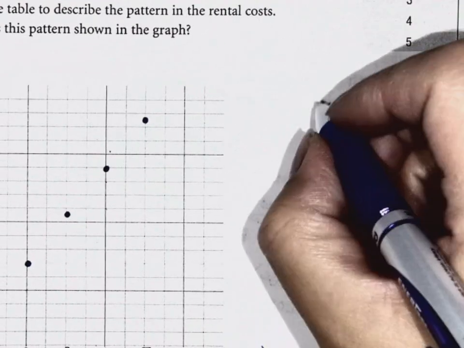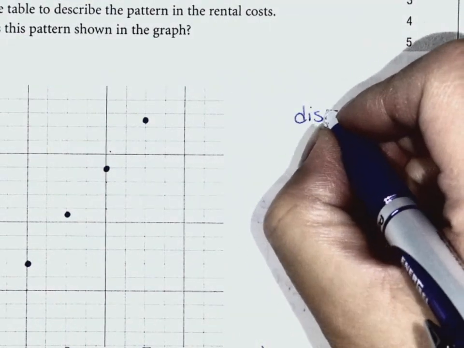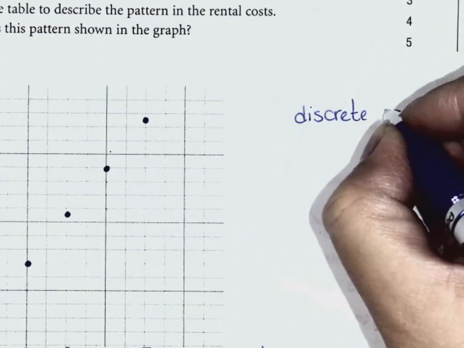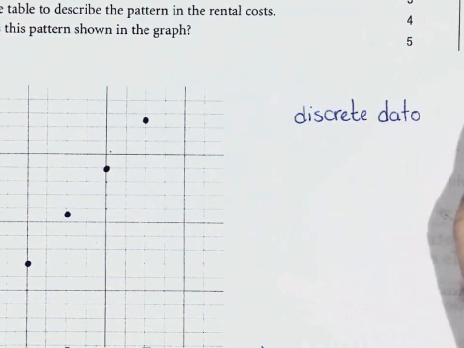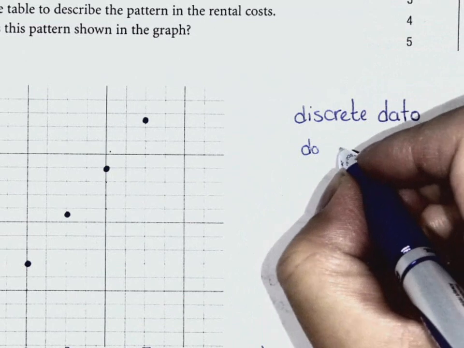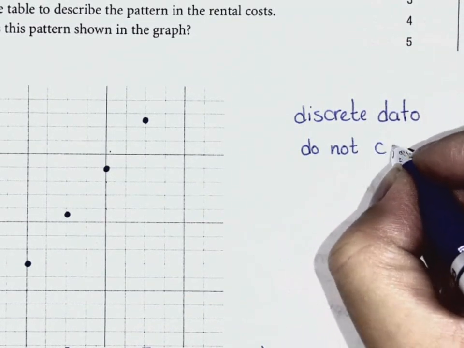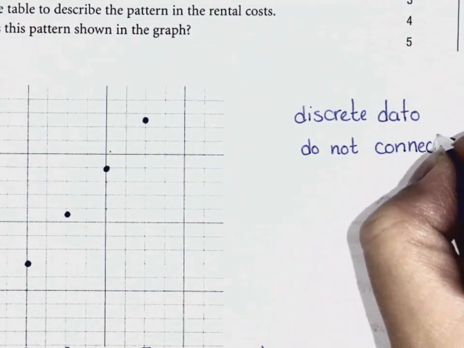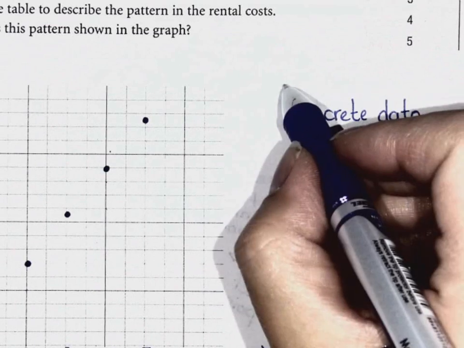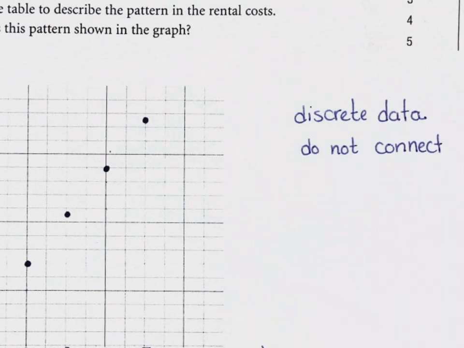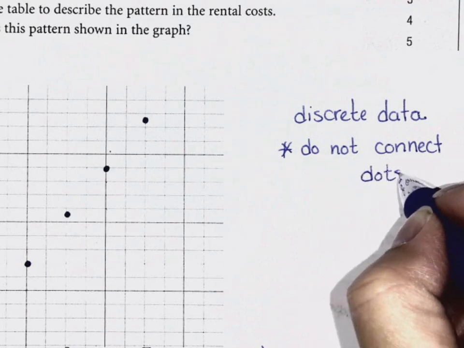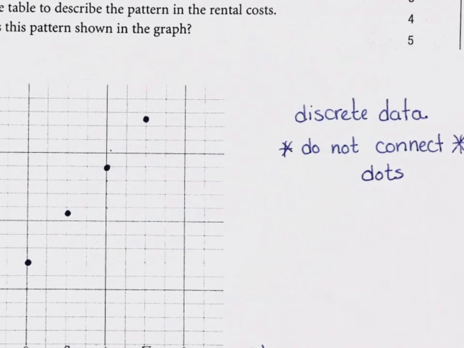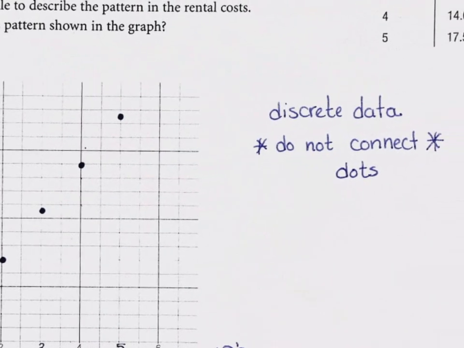So we're going to say that this is discrete data. Discrete data. And that means do not connect. I guess we do not connect the dots here.